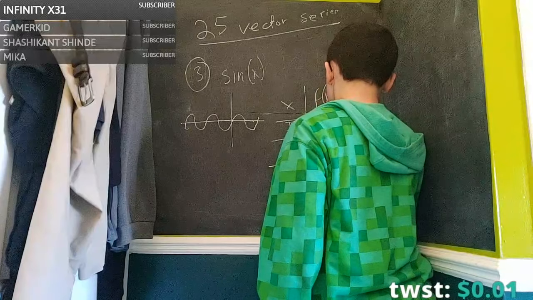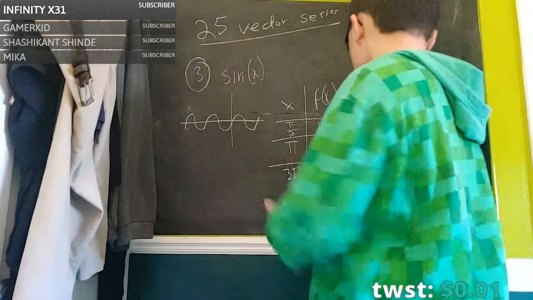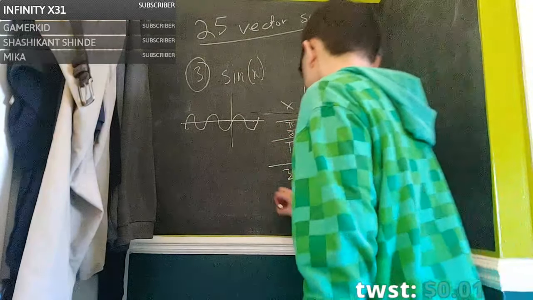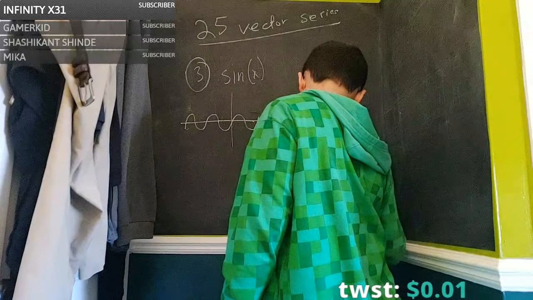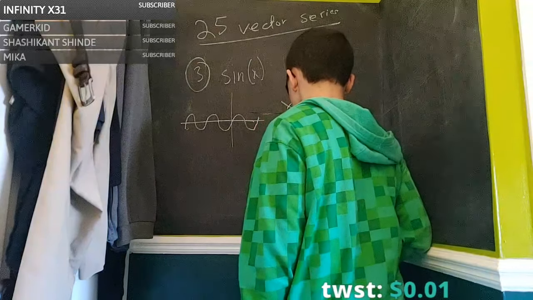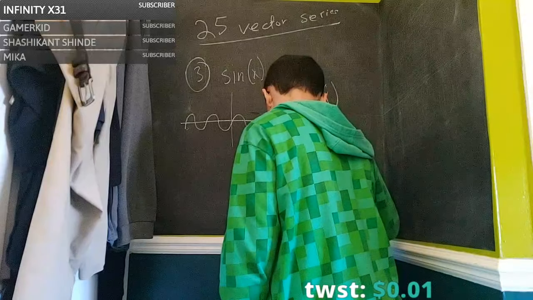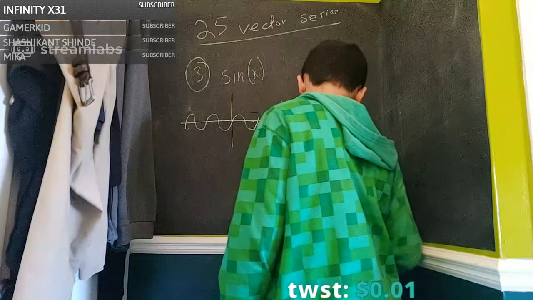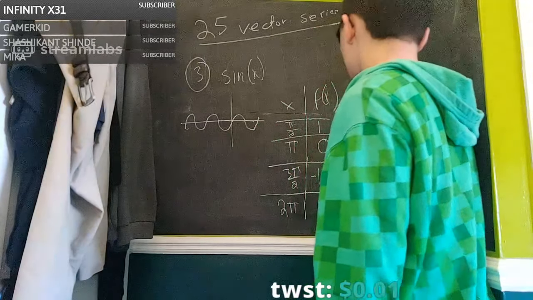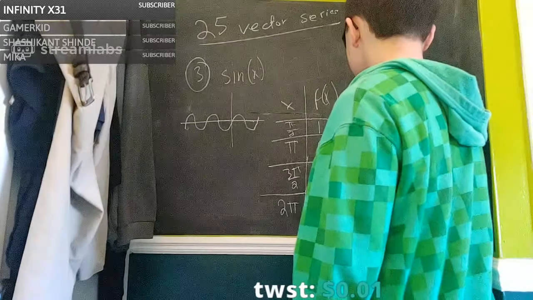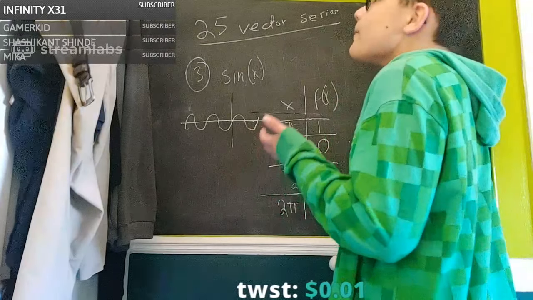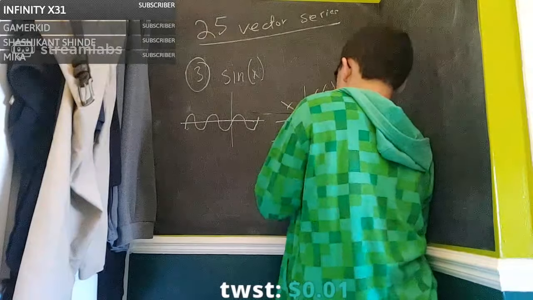So it goes 1, 0, negative 1, 0, negative 1. Okay, then what's next? 2 pi, I think. 0.